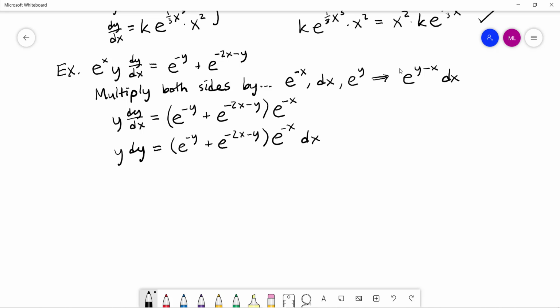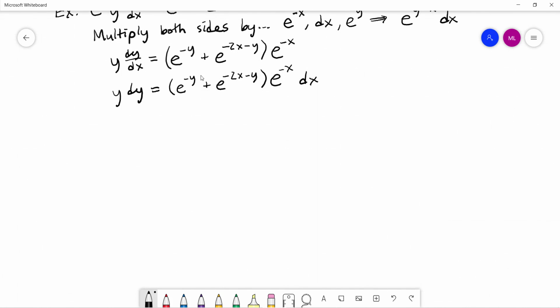And then the last step is going to be moving these e to the negative y's over to the other side. So to do that, first I'm going to factor this, and I'm also going to distribute this through. So I'm going to do a couple of steps of algebra here. I'm not going to touch the left-hand side yet. First thing I'm going to do is see that I have an e to the negative y here. So let me rewrite this. This is e to the negative y plus, on this piece here, I could think of this as e to the negative y times e to the negative 2x.